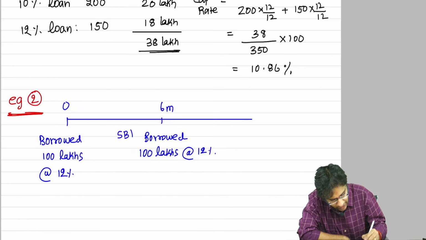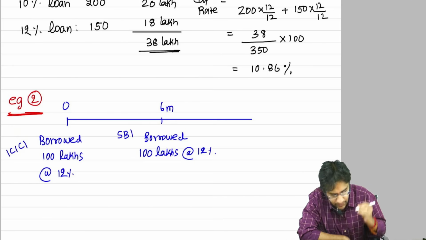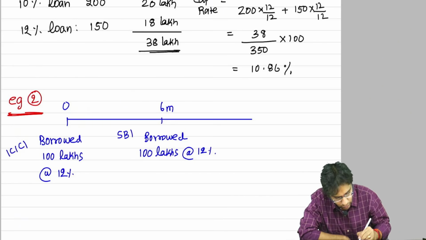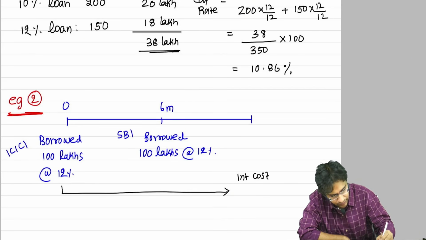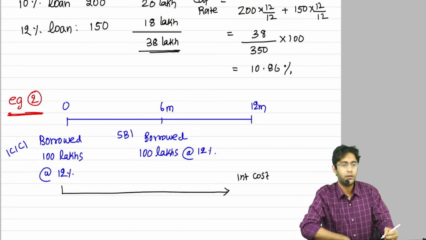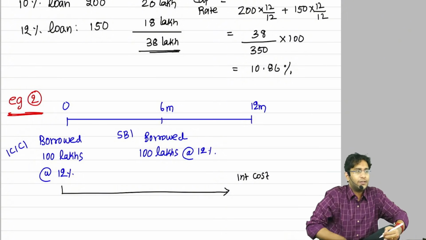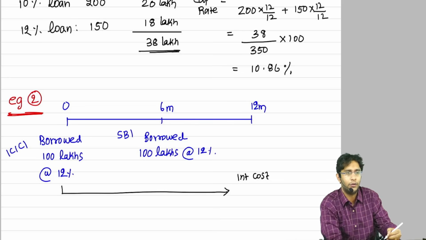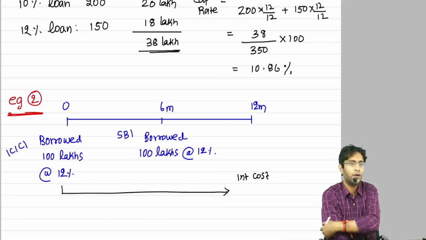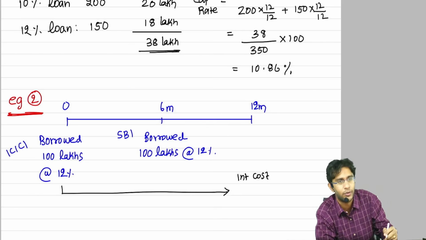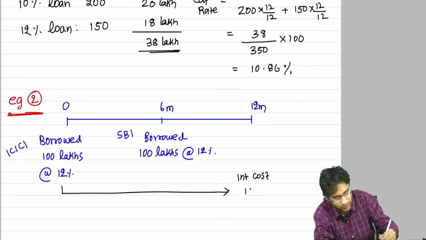This is from SBI, this is from ICICI. Okay, now you tell me what is the interest cost at the end of the year. Do 100 lakhs into 12% into 12 by 12. You want a calculator? 100 lakhs into 12%. How much? 12 lakhs. What about this one?